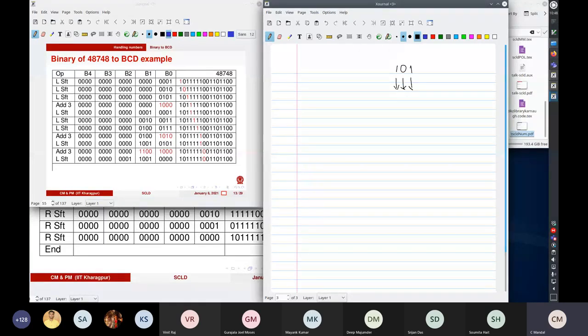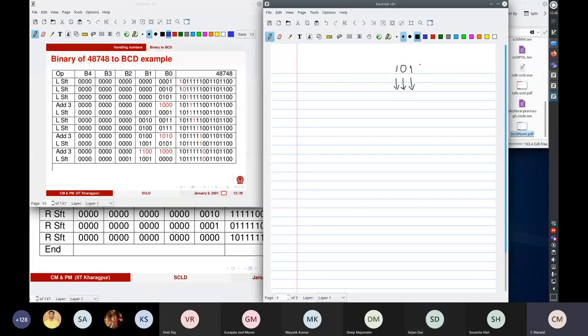The circuit is trivial. You just connect the bits by wires, and these are your inputs. What you would get is 101 here. So this is a trivial circuit for converting 3 bits of binary to 3 bits of BCD. Is that okay with everyone?